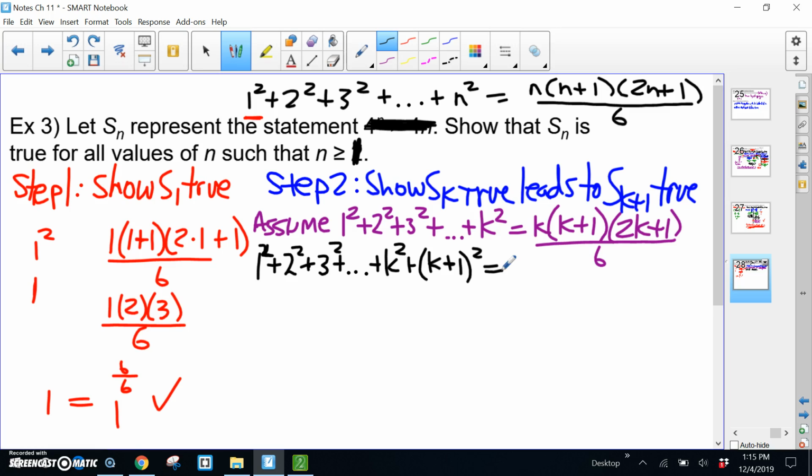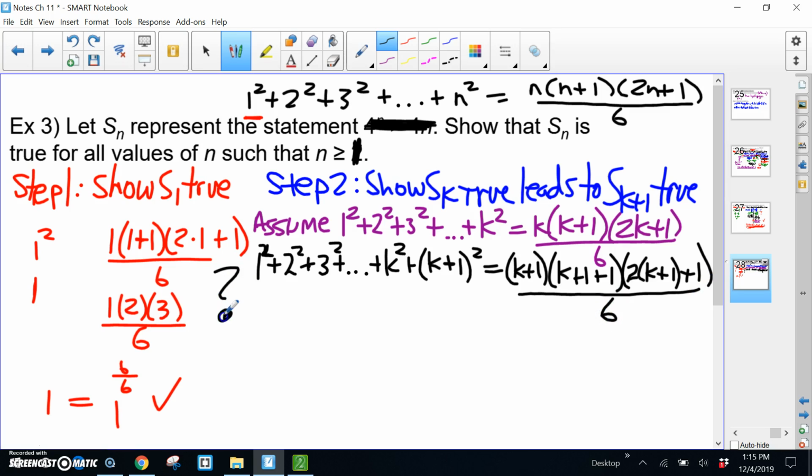The right side of that statement, change all your k's to k plus 1s, and you're going to have k plus 1, and then k plus 1 plus 1, and then 2 times k plus 1 plus 1, all over 6. Now again, that's a question. I don't know if that's true or not. That's what I'm trying to show.